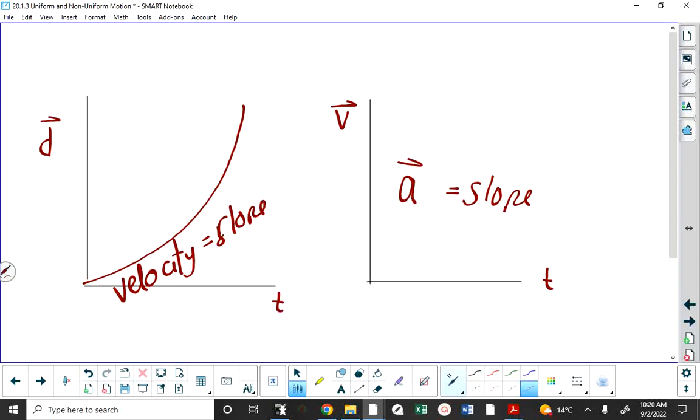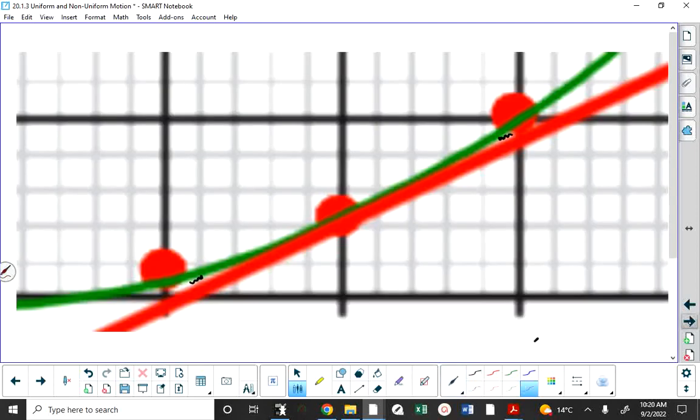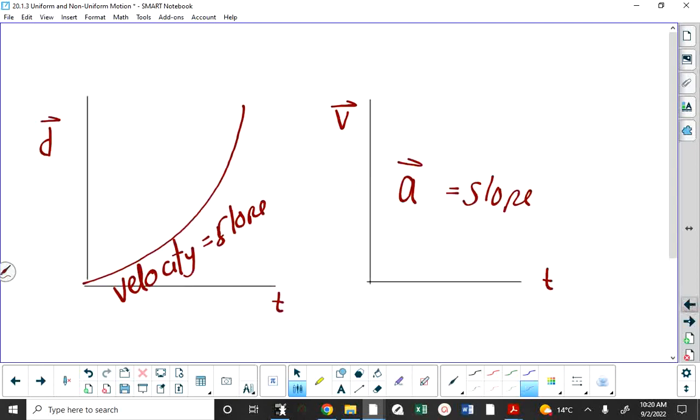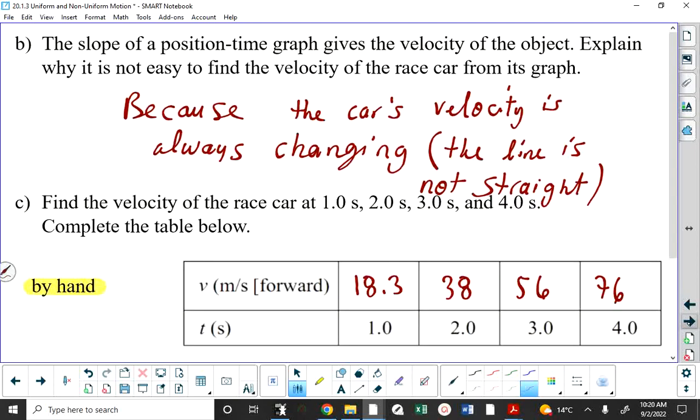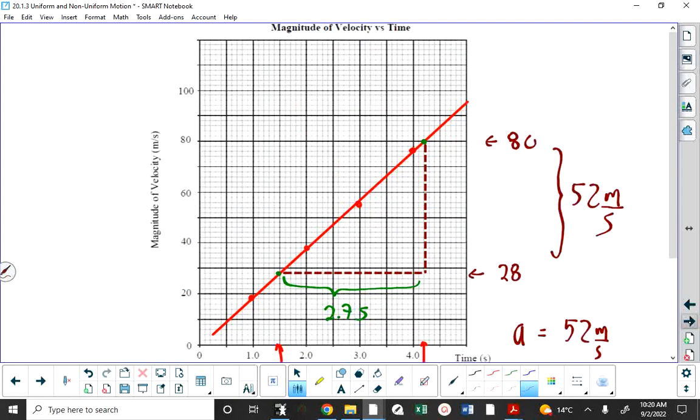And from that position graph, we ended up constructing these velocities. Remember doing that? And then if we plot those velocities on our velocity graph, we end up getting a straight line, and our goal was to find the acceleration, so we find the slope of that line.